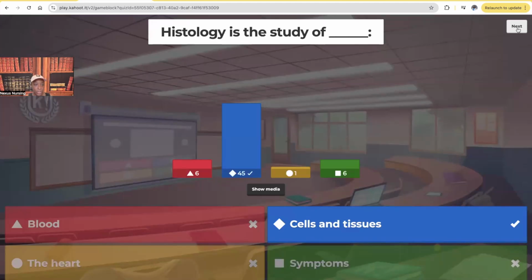Very good, cells and tissue. 6 people chose blood. The study of blood is hematology. 1 person chose the heart. The study of the heart is cardiology. And 6 people chose symptoms. The study of symptom is symptomology, right? But when we're talking about cells and tissues, that is histology.